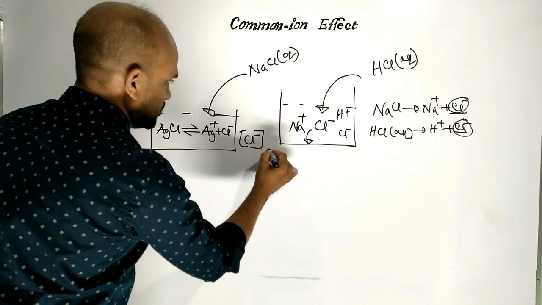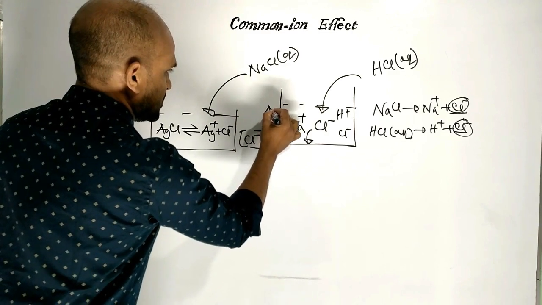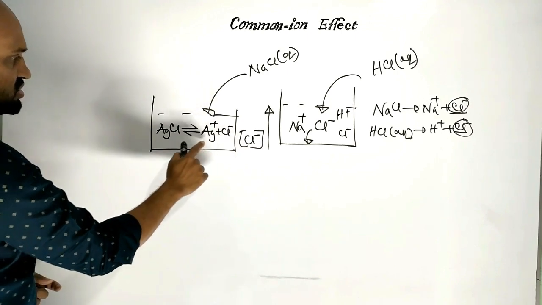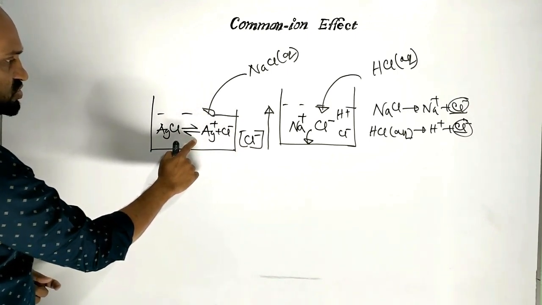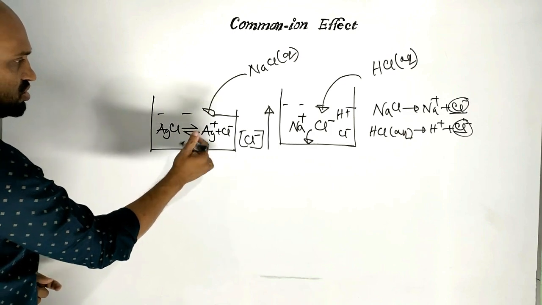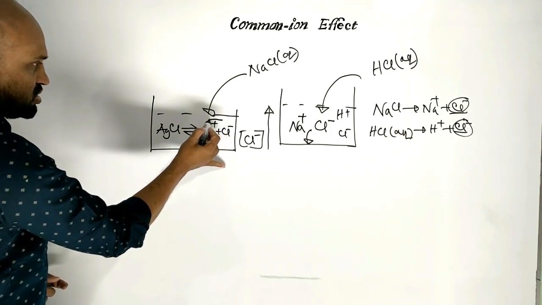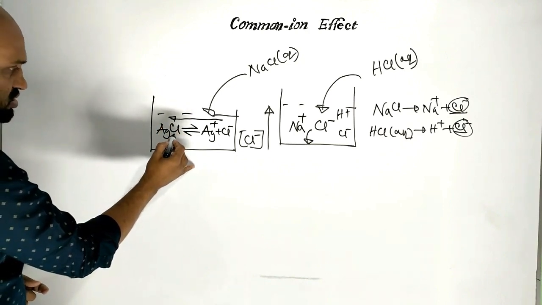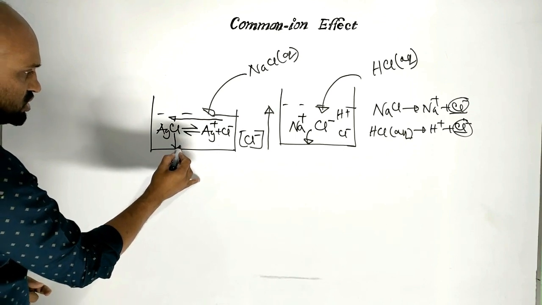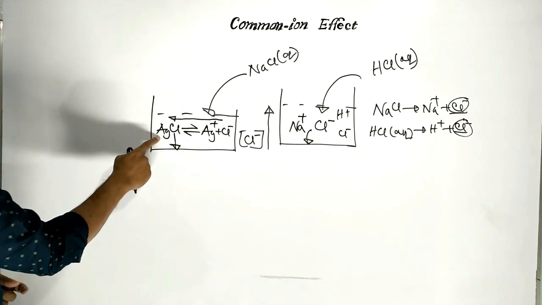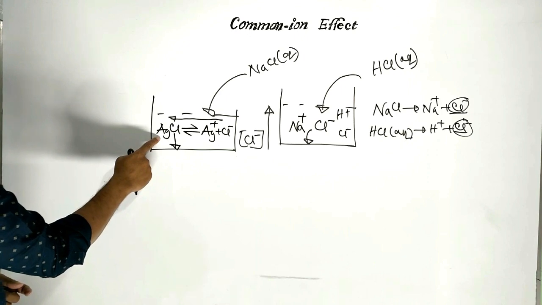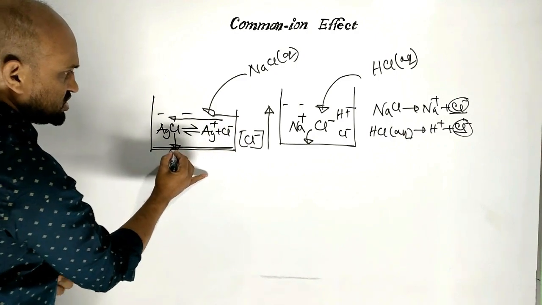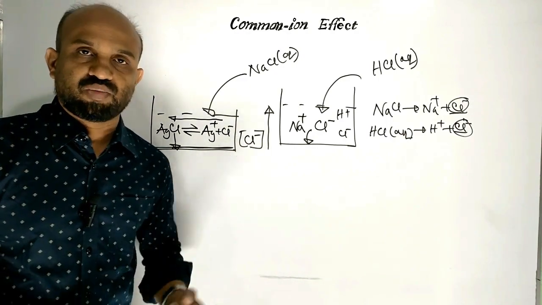So due to common ion effect, concentration of chloride ion increases, and as a result, according to Le Chatelier's principle, this reversible reaction moves backward direction. At one stage, silver chloride forms precipitate. Silver chloride deposits as precipitate in this beaker. So this precipitation occurs due to common ion effect.